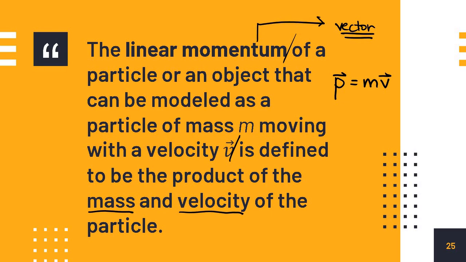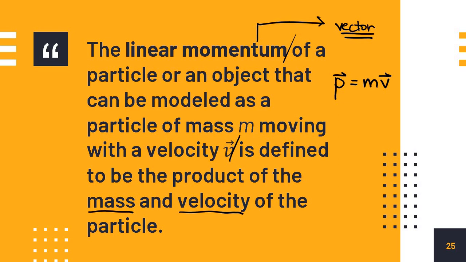Now, unlike that, acceleration is actually a derivative of velocity with respect to time. Right? That's why it's defined as the change in velocity over a certain period of time.